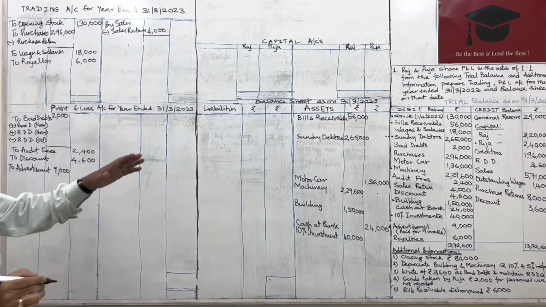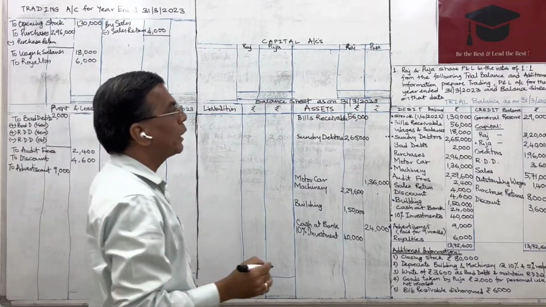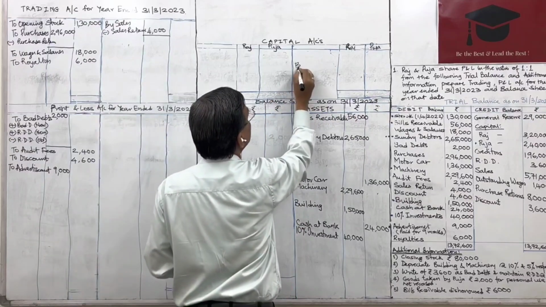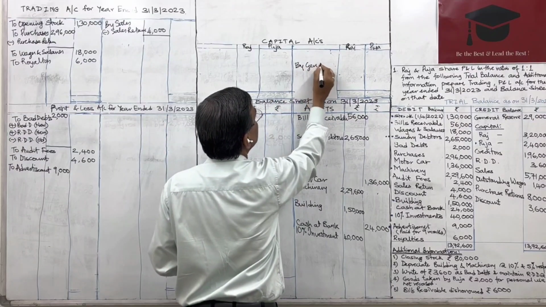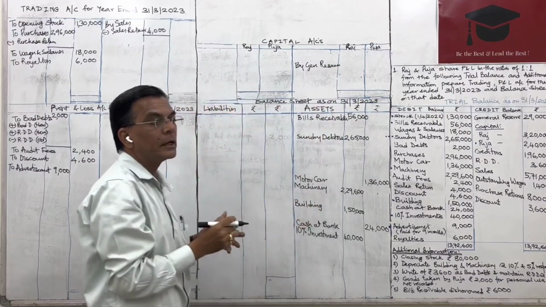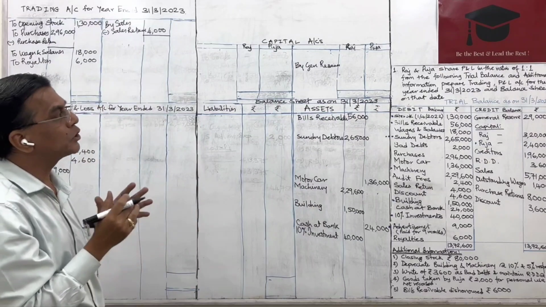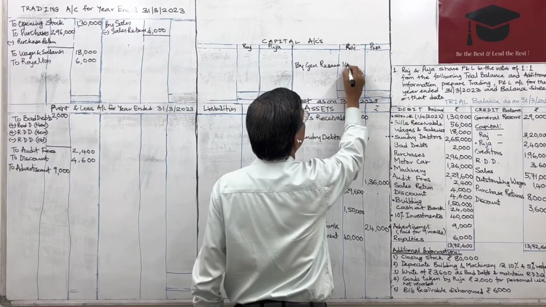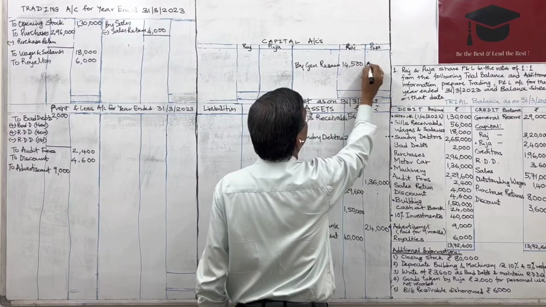So that takes care of the debit side of the trial balance. Now we go to the credit side, general reserves. It is of the partners. It is accumulated profits and therefore it comes in the partners' capital account, shared amongst the partners in the profit sharing ratio, 14,500 each.